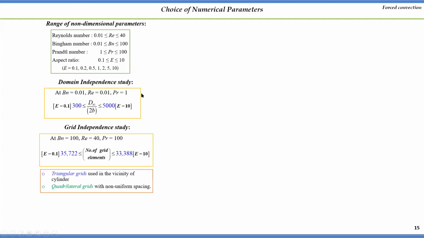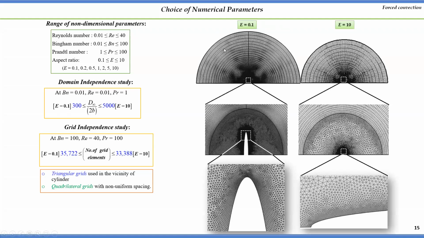Now, what about domain and grid? Because you are solving our equations mathematically, you need to choose certain numerical parameters. When you confine your geometry within a certain domain, you need to confirm that this domain doesn't have any effect on the result, and for that we have chosen our domain sufficiently large to consider the unconfined condition.